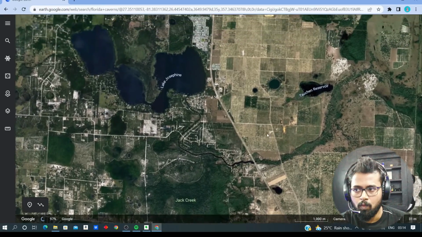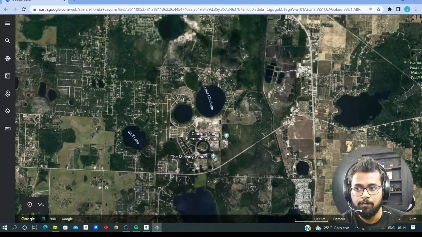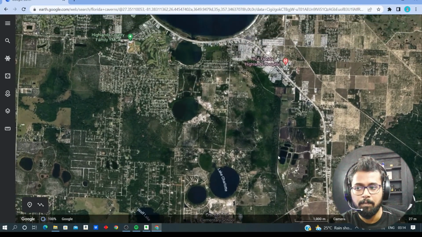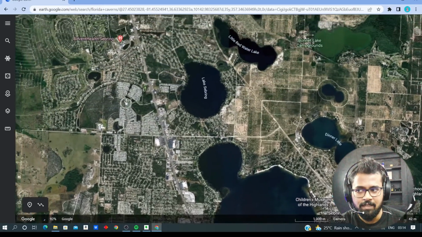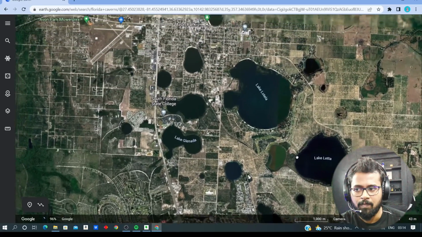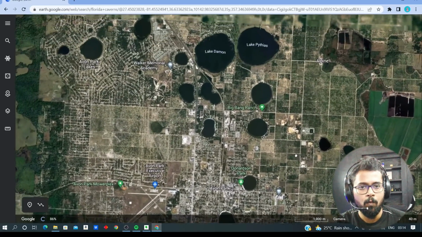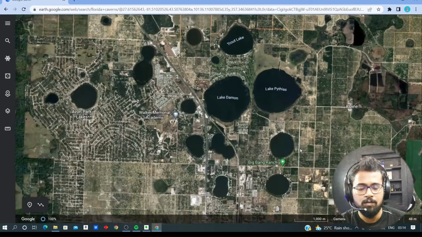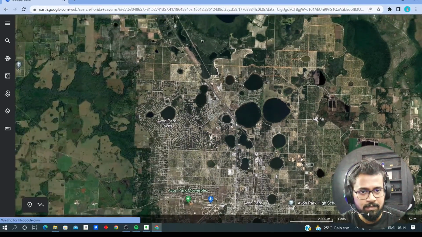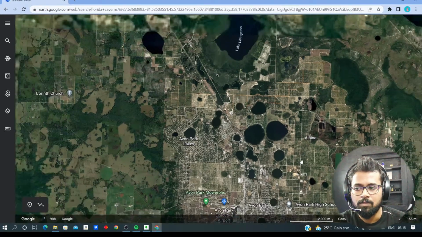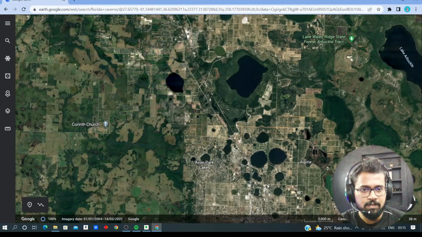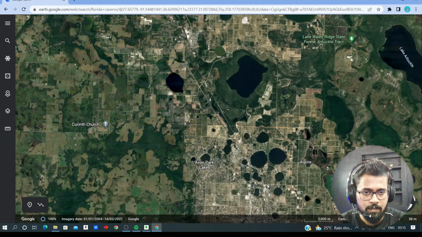So what is the reason behind the formation of a large number of lakes in the middle part of Florida? This is an important question, right? Okay, so we can explain why this formation of lakes in the mid portion of Florida. So the name of these geographical phenomena is sinkholes.